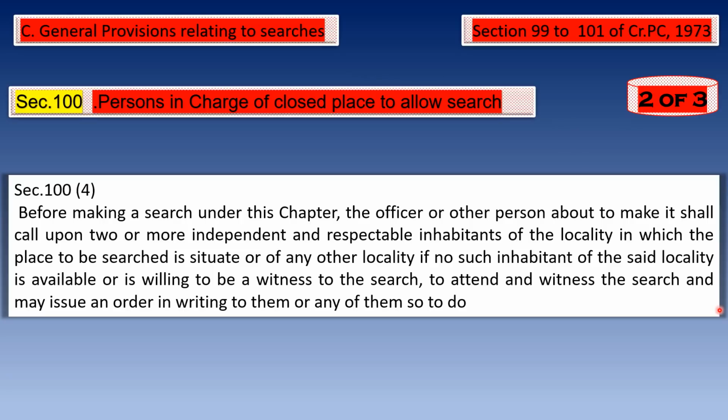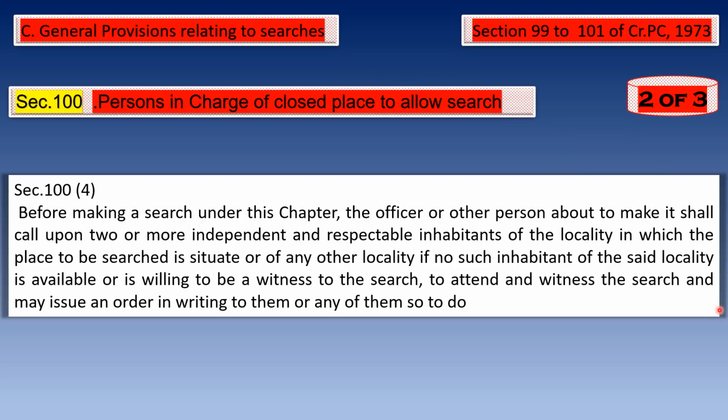And if any two persons are not available in that locality or refuse to witness such a search, they can ask any other two persons to witness it. In other words, subsection 4 of section 100 is speaking about two or more witnesses to be taken when such a search of a closed place is conducted.